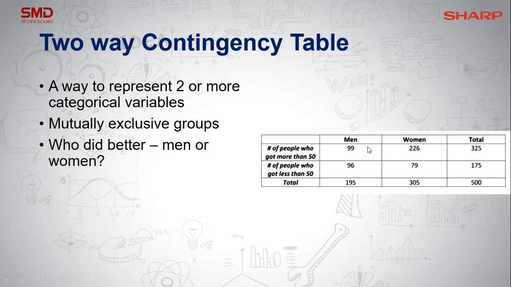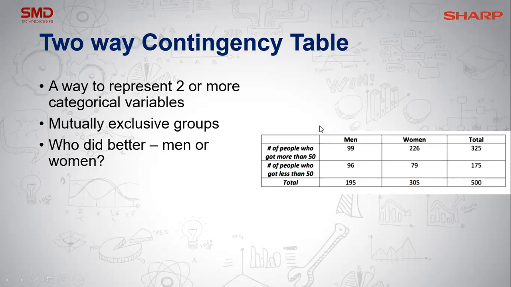And basically what it does is it allows you to work out the probability of selecting one person in a particular group. So if you want to say, okay, what is the chance of selecting a man out of the entire group? Well, then it's the total number of men, which is 195, out of the total number of people, which is 500. Okay, or a woman would be 305 out of 500.